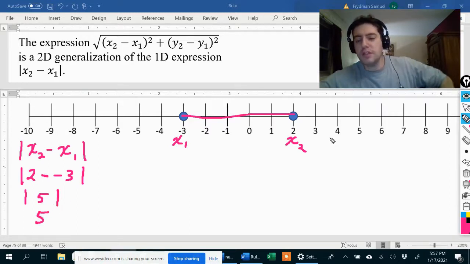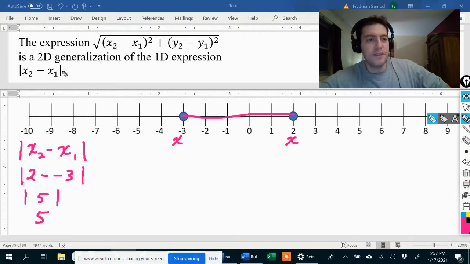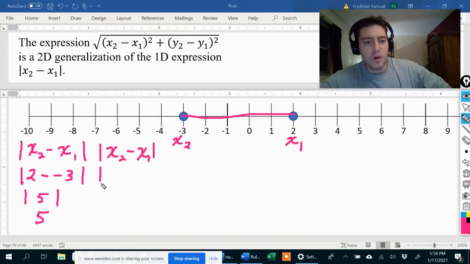And by the way, it really doesn't matter which one I call x2 and which one I call x1, because I have these absolute value symbols here. So I could have called this x2 and this x1, and then if I do the exact same thing, the absolute value of x2 minus x1, now I have negative 3 minus, and then x1 is now 2.